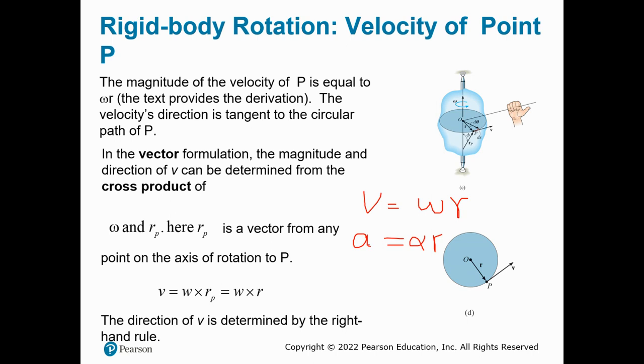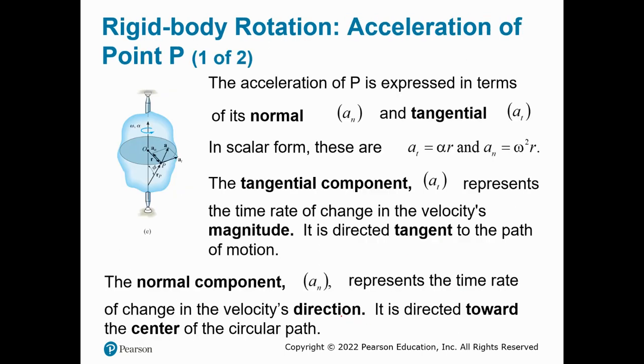In the vector formulation, the magnitude and direction of v can be determined from the cross product of omega and rp, where rp is the vector from any point on the axis of rotation to p. So v equals omega cross rp, or omega times r. The direction of the velocity is determined by the right-hand rule.